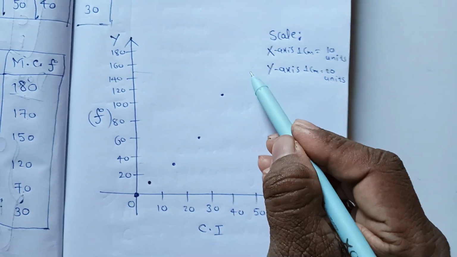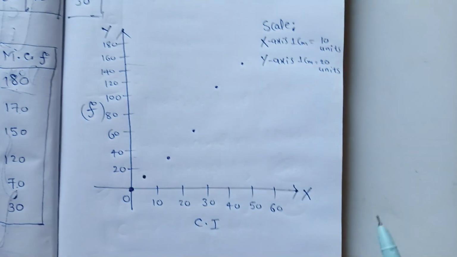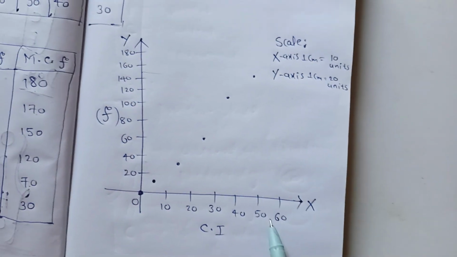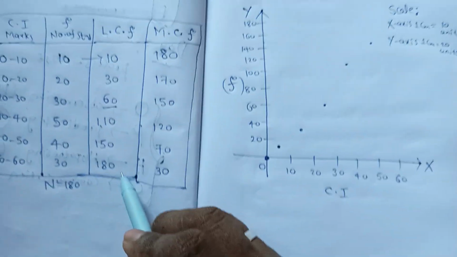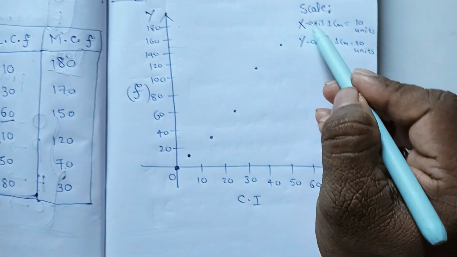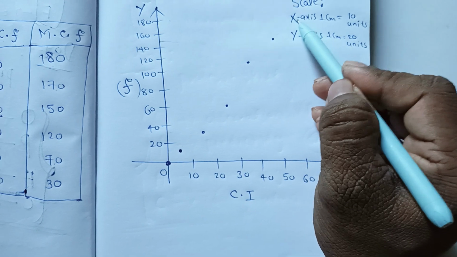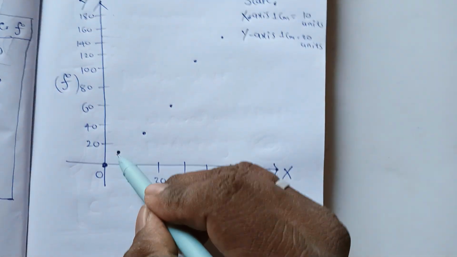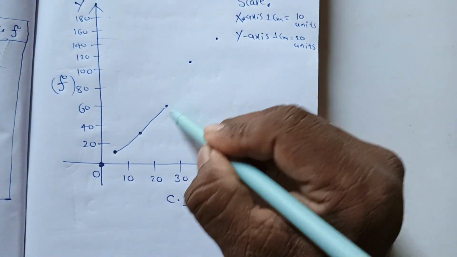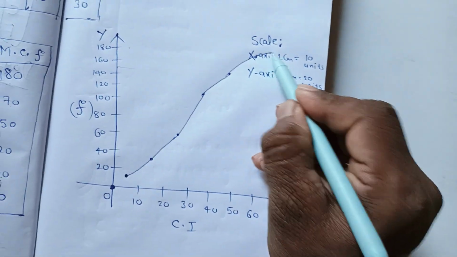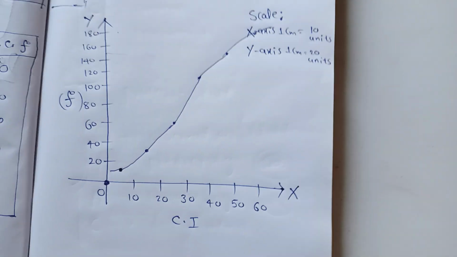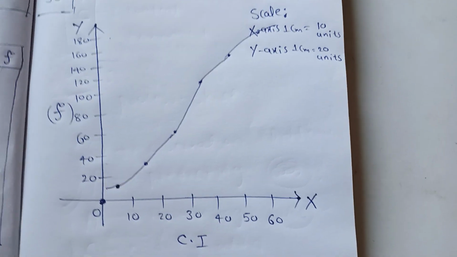Next, 50 to 60, you have 180. So that is over here. Just by hand you can join all these points. The curve should be like this. This is called the less than cumulative frequency curve.